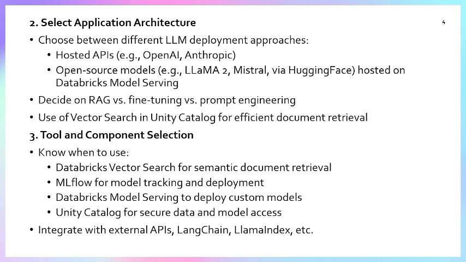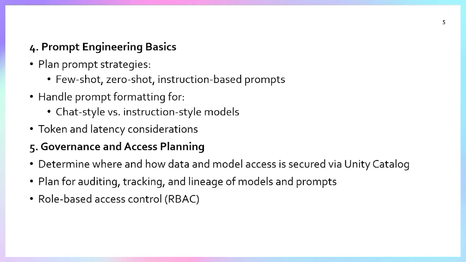Databricks vector search for semantic document retrieval, MLflow for model tracking and deployment, model serving to deploy the custom model, Unity Catalog to secure data and model access, integration with external APIs, LangChain and LlamaIndex. Fourth is prompt engineering basics: prompt strategy, zero-shot, few-shot, instruction-based prompts, and handling prompt formatting like chat-style versus instruction-style models, and token and latency considerations.